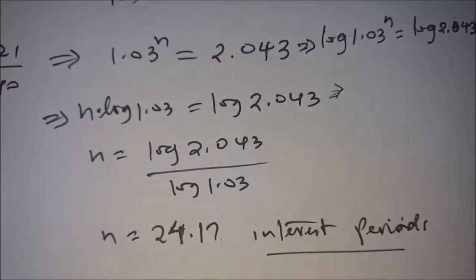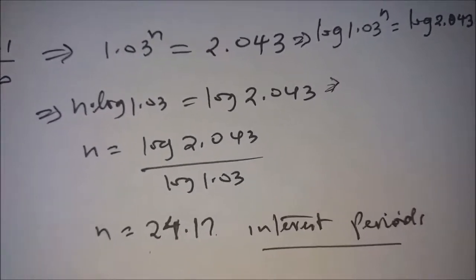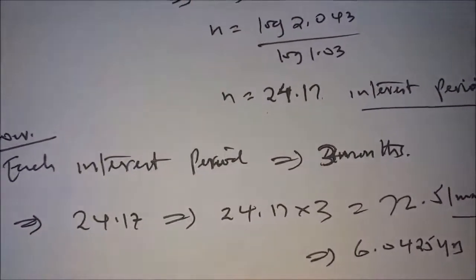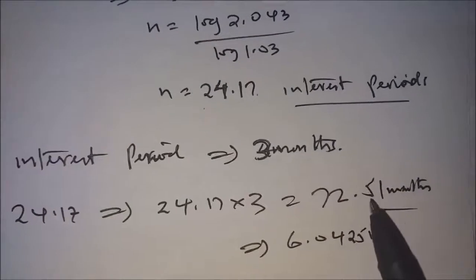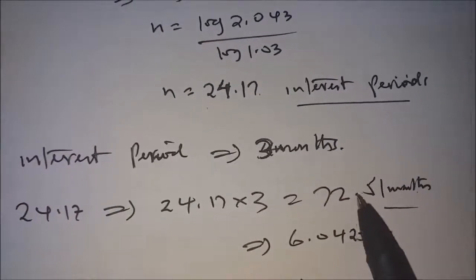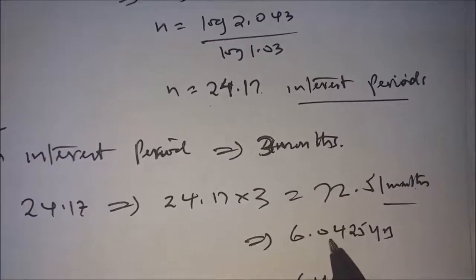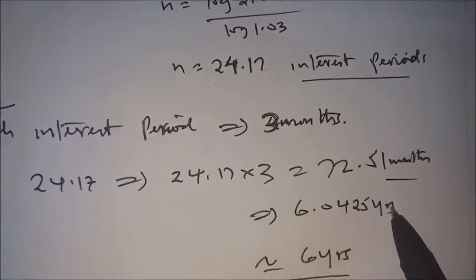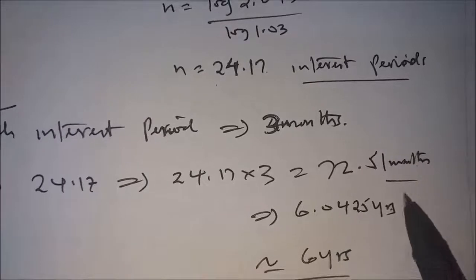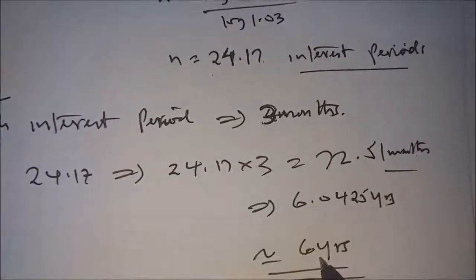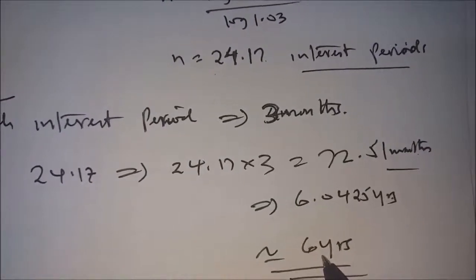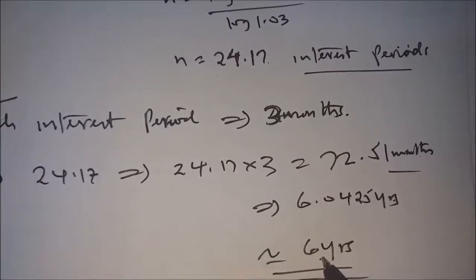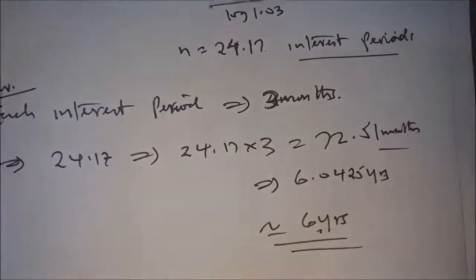So 24.17 interest periods will be equivalent to 72.51 months, which translates to 6.0425 years. But we were required to give our answer to the nearest years, so the correct value is 6 years. So our investment period is 6 years.